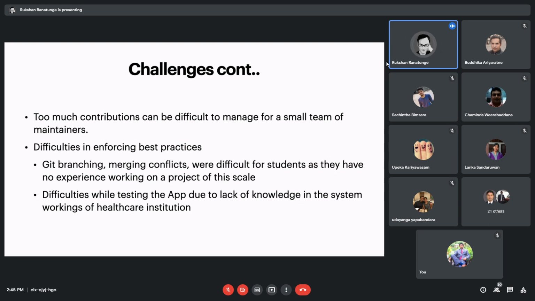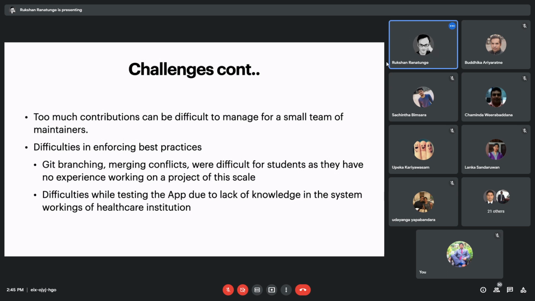And since this is a community and different people have different levels of knowledge about the technologies that we use, we found it difficult to enforce best practices among the community. When we conducted a session about Git branching with the students, even though some students were able to understand the concept of the Git flow method and follow it, some students did not understand the concept.